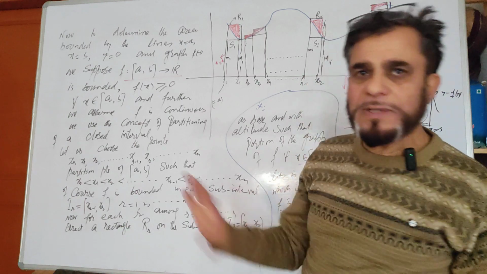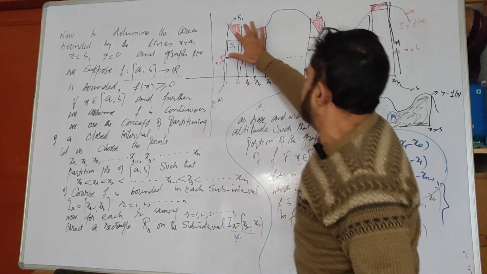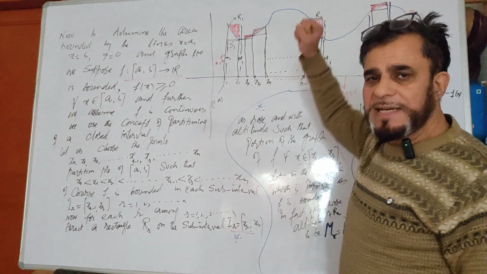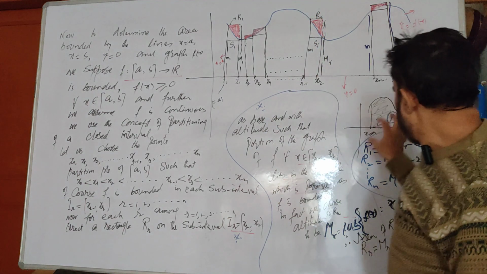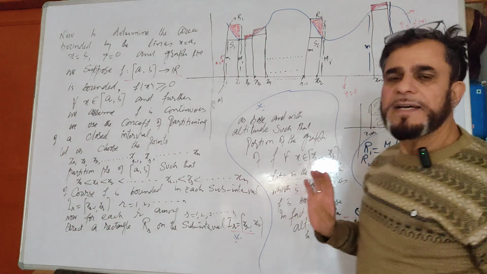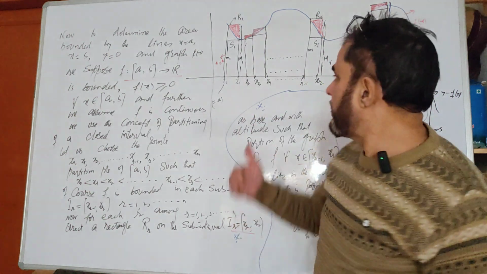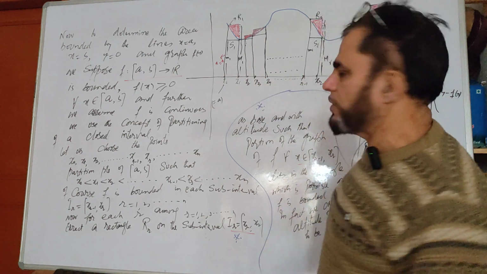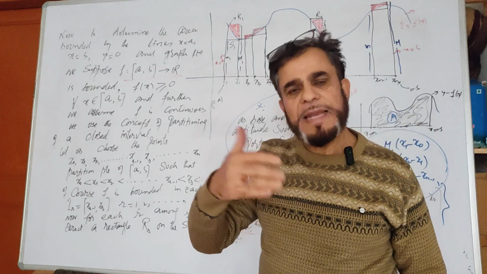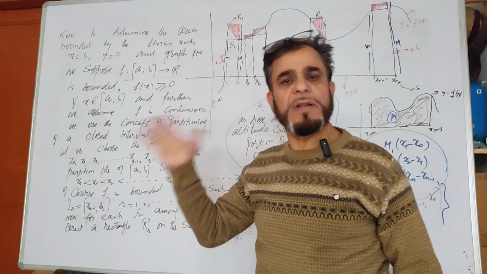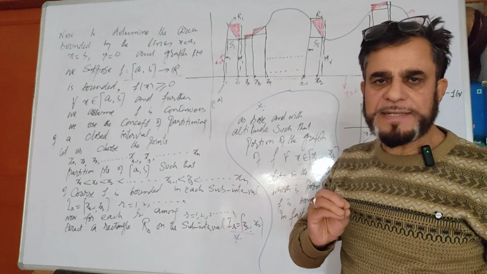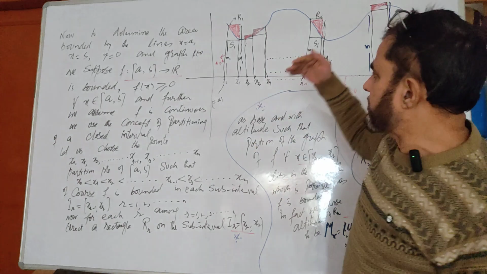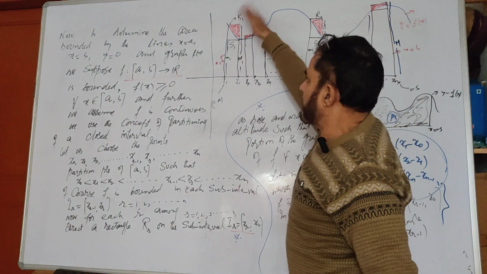When you take the sum of all these rectangles, whose part goes outside, and compare it with our area, the area of the curve y equal to f(x) under x equal to a, x equal to b, our area becomes less than the sum of all the rectangles, because the portion of the rectangles lies outside the graph, which we don't need. We need the area within, but part lies outside.